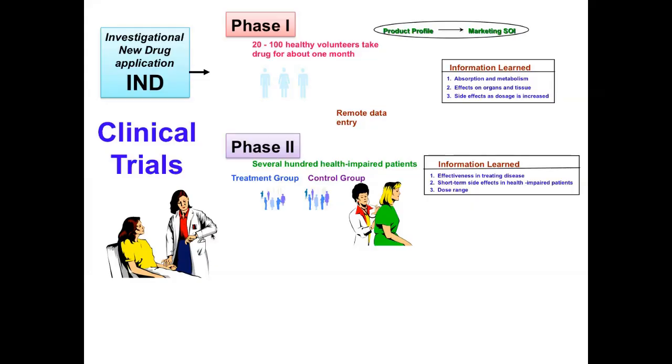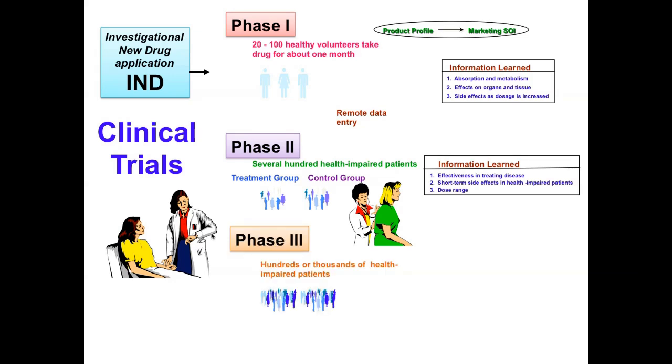So you have a reference group and a treatment group. Sorry, the treatment group will consist of health impaired patients, and the control group will be a reference group, which is healthy volunteers. Again, the information that you will have is effectiveness in treating diseases and short-term side effects, and what the dose range will be is obtained by phase 2 clinical.